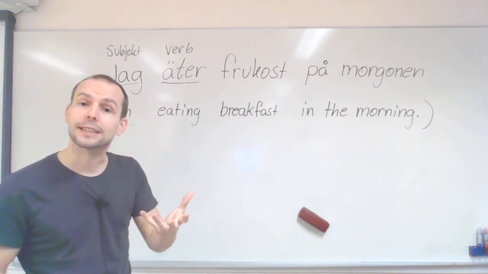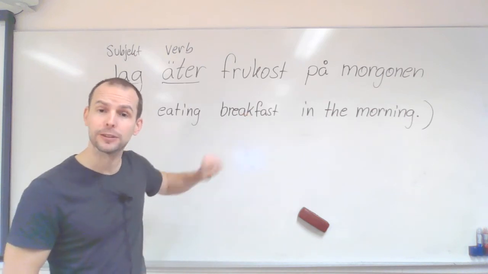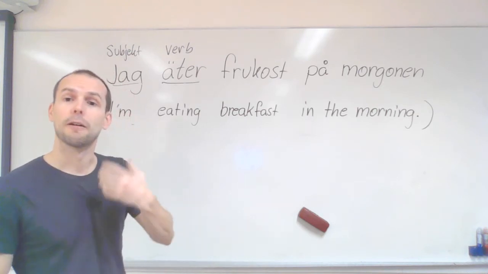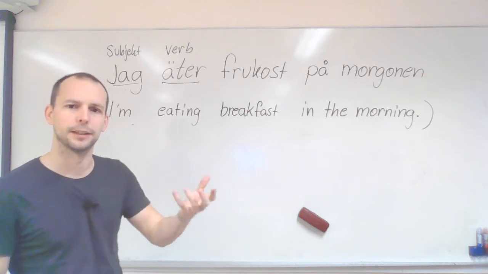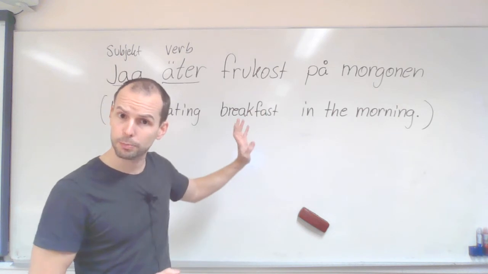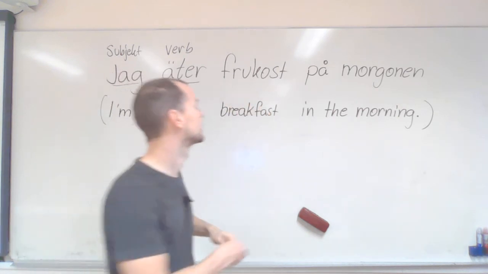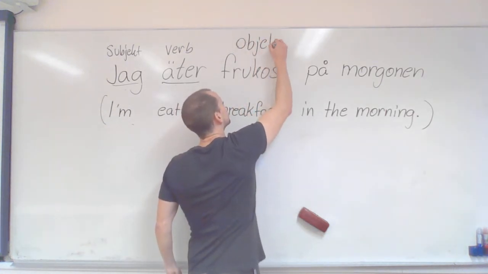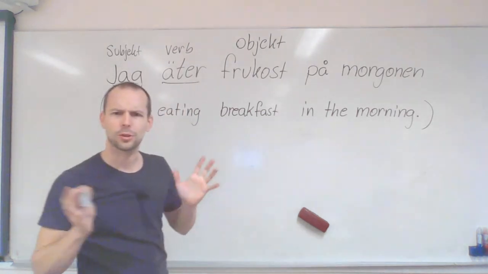But what? What am I eating? The answer is breakfast. And you can ask the same question in Swedish. Vad äter jag? What am I eating? And the answer to that question, frukost or breakfast, that is the object of the sentence. Okay, so far so good.